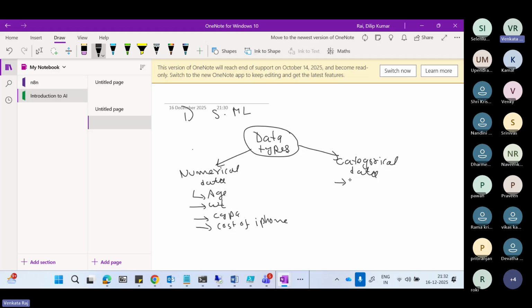It can be categorized only, like name of a person, the state where he or she lives in, brand of the phone, then color of his or her eyes.